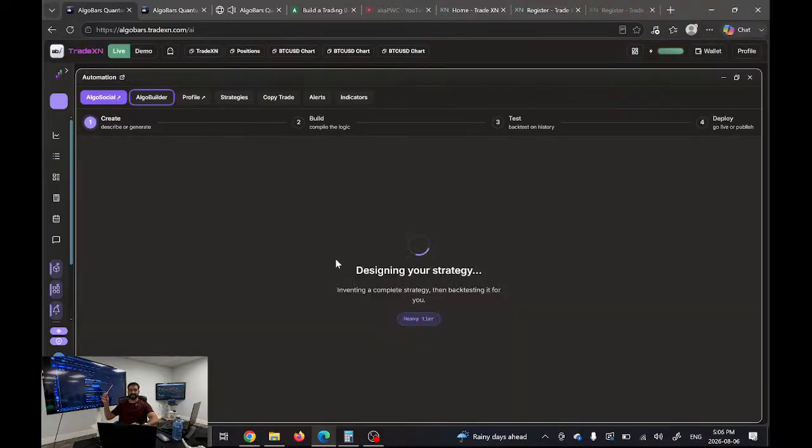Now, when I click generate strategy, by the way, this is something that right now costs thousands and thousands of dollars to build. Building an automated trading system or strategy, first of all, you have to go find a coder who's good. That takes a while. Then you have to explain what it is that you want, because they don't know how to build a strategy without instructions. So you need a strategy.